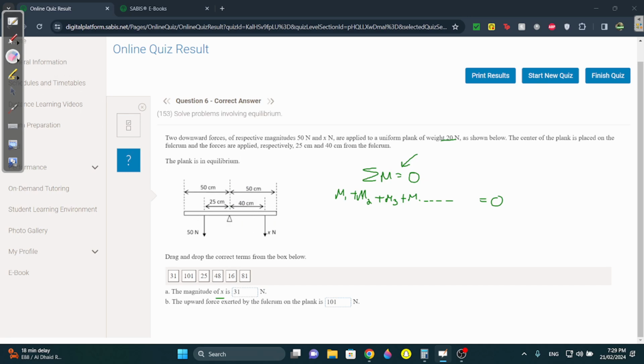The second thing I like to do is find your point of rotation. Always set a point of rotation. In this case, it's already given, it's over here. If it's already given, you can skip that part. The last step is to apply sigma M equals 0. Let's apply it. What's the moment of 50 around this fulcrum?